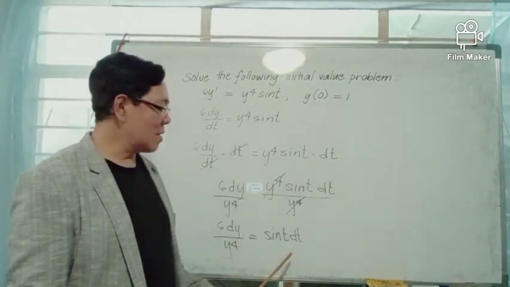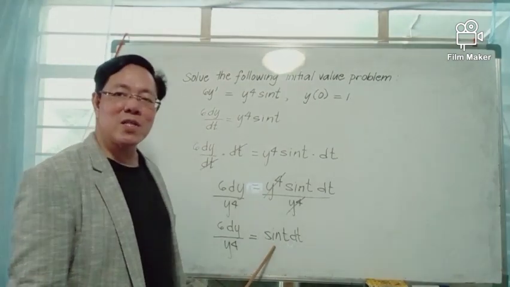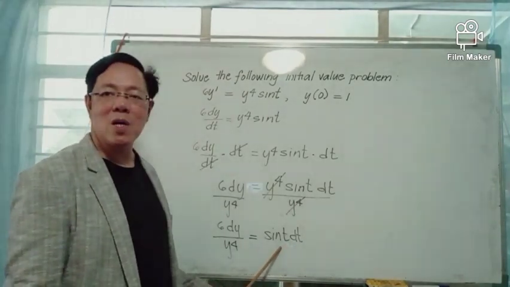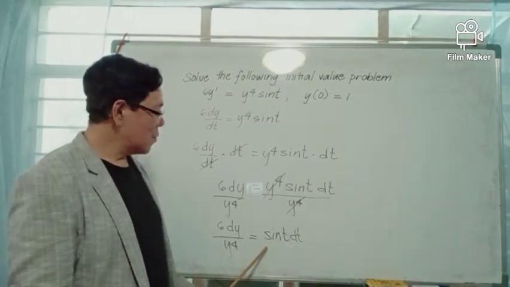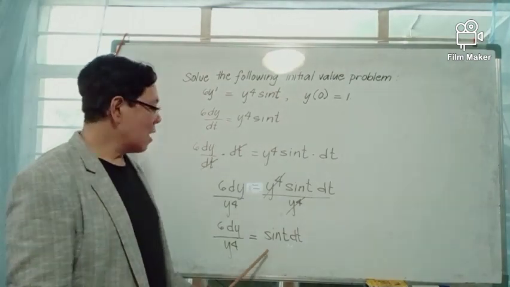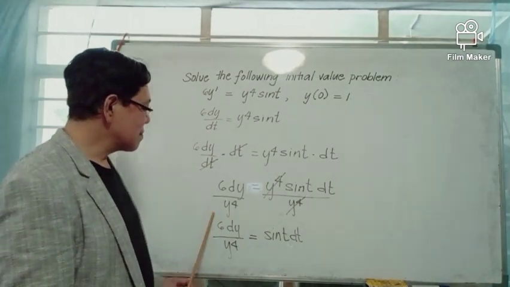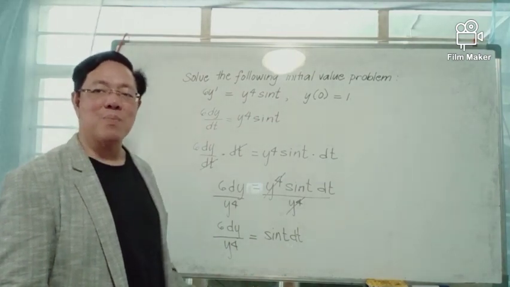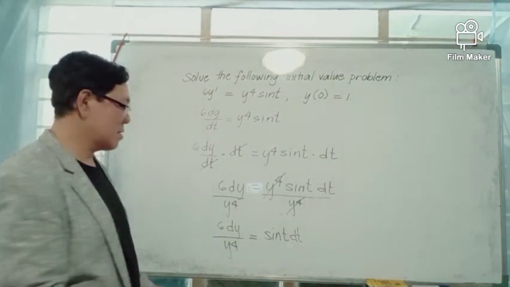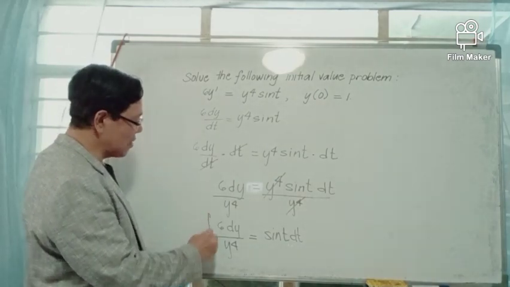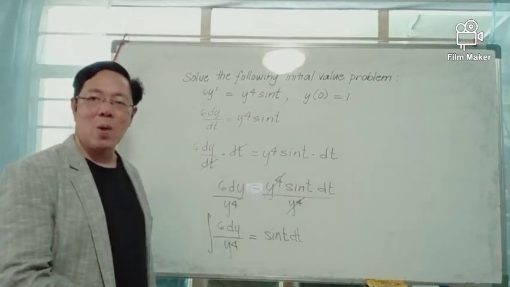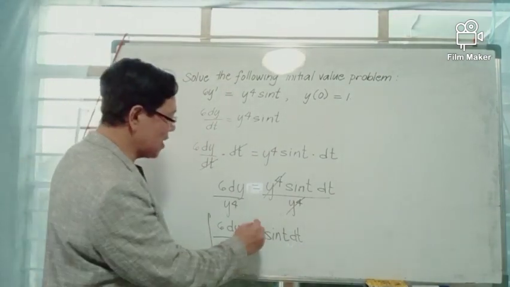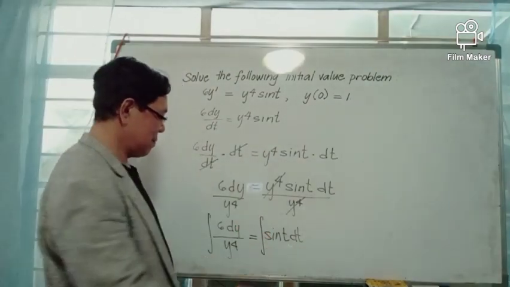From the right-hand side, the coefficient of the differential of t is now also a function of the variable t only, which is sine t. And we obtain the general solution of this last differential equation by integrating both sides. The left-hand side we integrate with respect to y, and the right-hand side we integrate with respect to t.